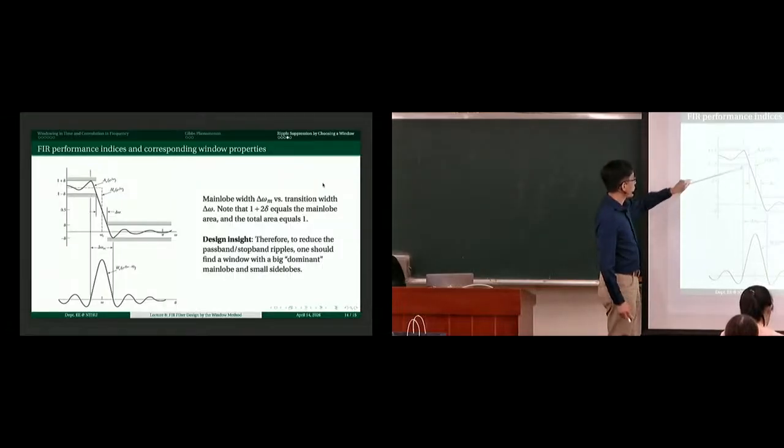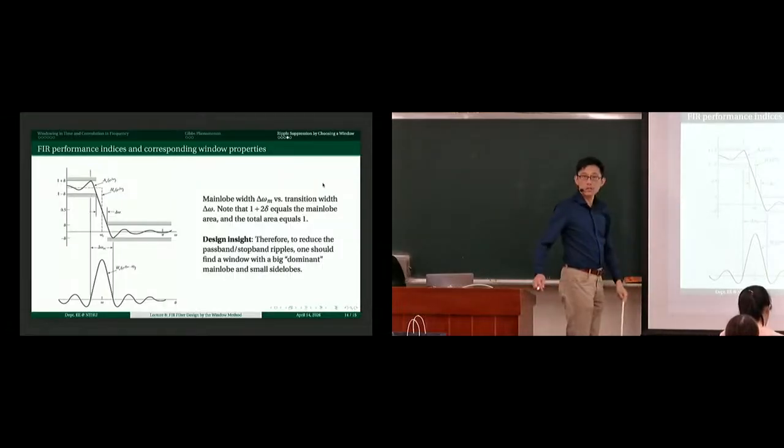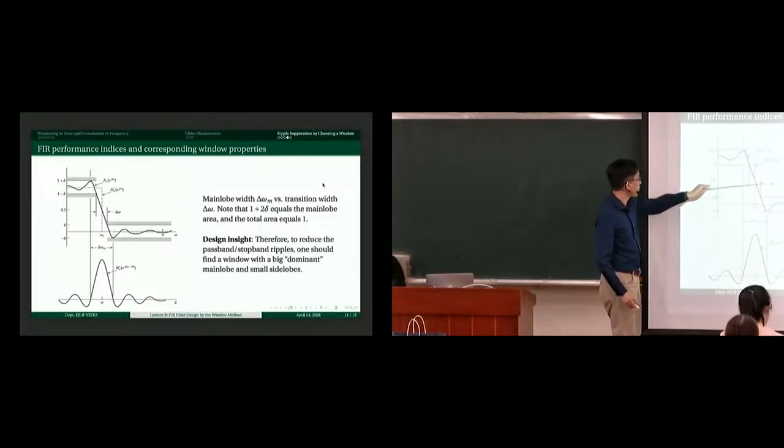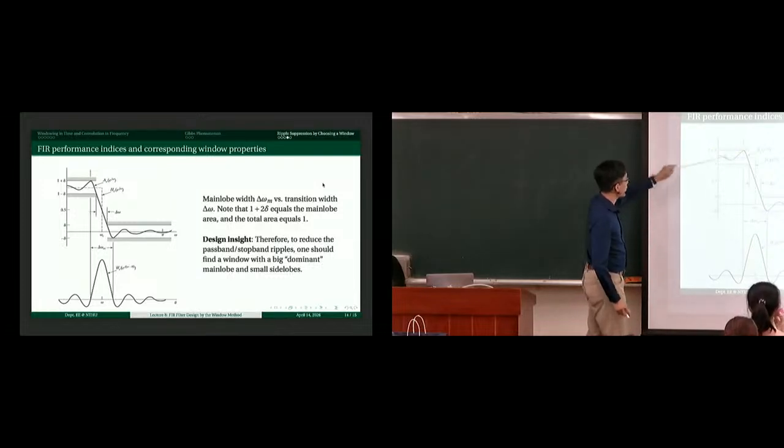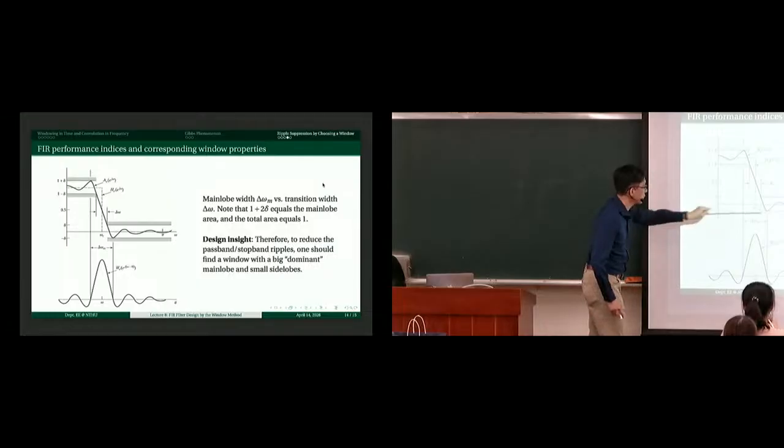Because the way we define transition width is the width where the magnitude makes its transition from 1 minus delta to delta. Whereas the main lobe width, you can show, equals the width where we make the transition from 1 plus delta to minus delta.